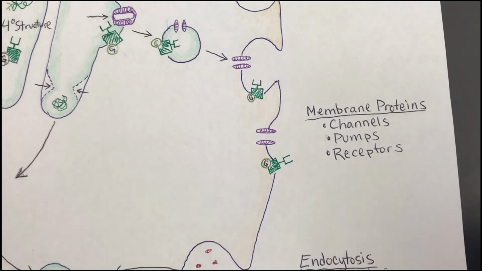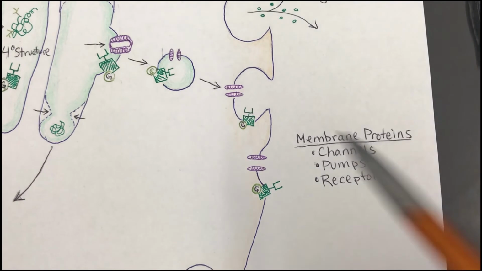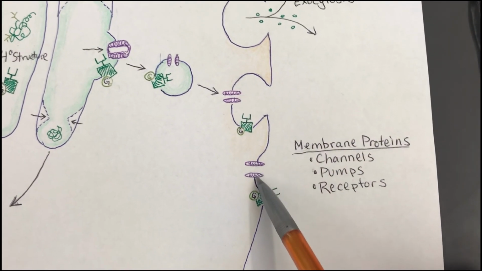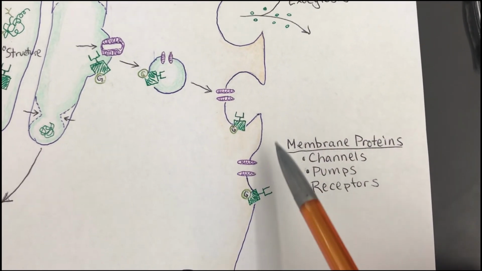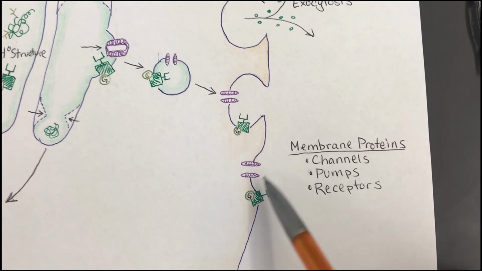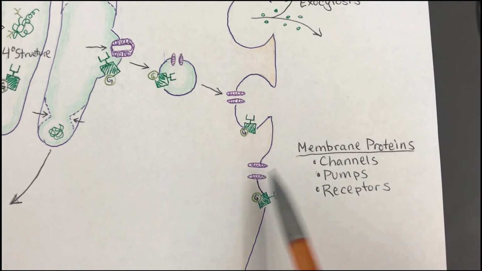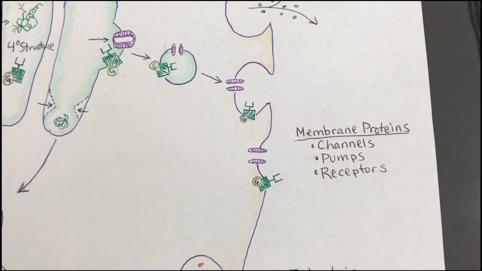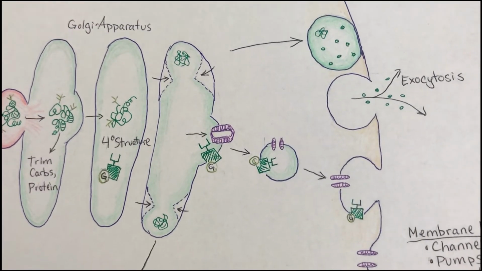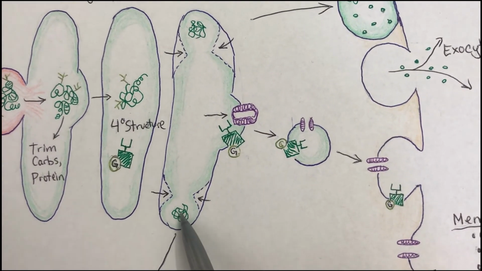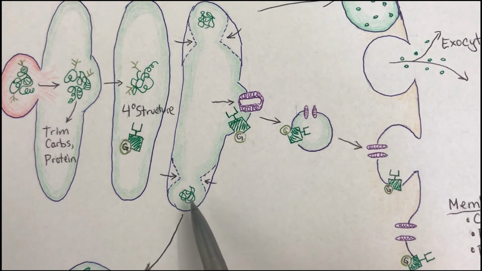Okay, so a lot of times we can change for example, permeability of a cell to different types of ions by inserting more of these channels, and we have to go through this entire process in order to get that protein.